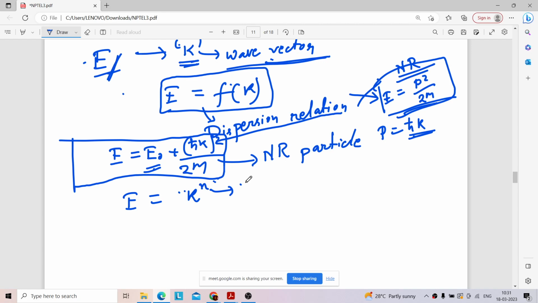Depending on whether it is integer or half integer, we can name them as parabolic dispersion or isotropic dispersion.